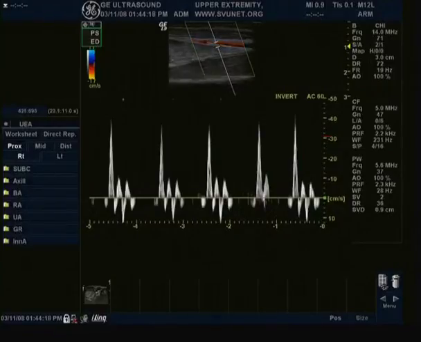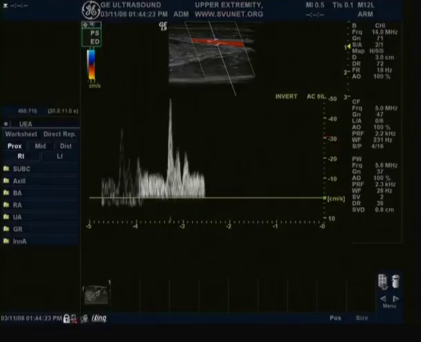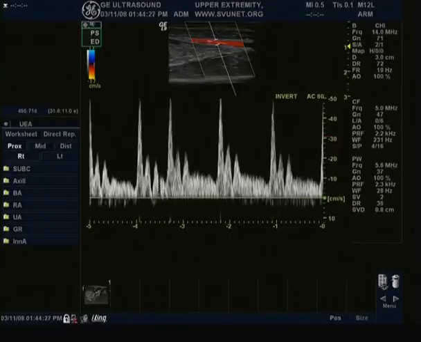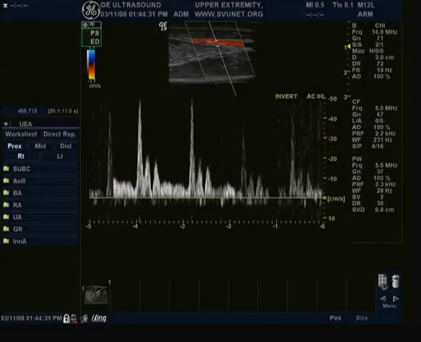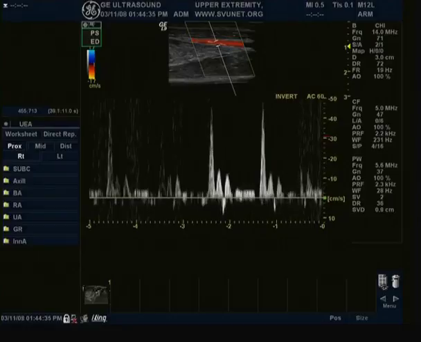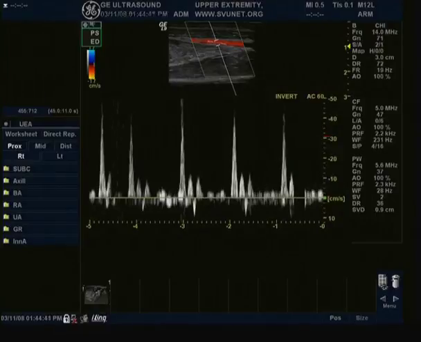Just relax your hand. So we can see there's a dramatic change in the flow just because of the changing hemodynamics in the palmar arch and the digital vessels. So this has gone from a very low resistant flow, to high resistant, to low resistant, just with some maneuvers of the hand. So this happens quite frequently.